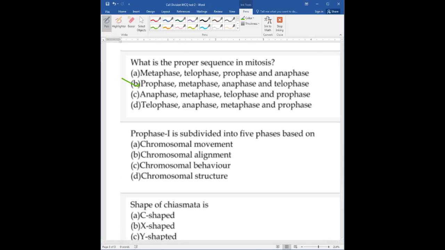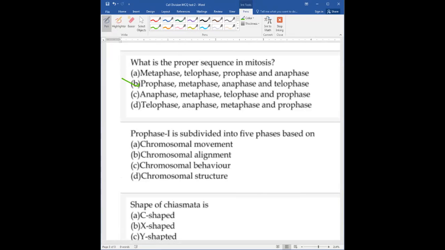Darshanita. Prophase 1 is subdivided into 5 phases based on... I want every one of you to answer this. Prophase 1 is divided into 5 phases based on... Think. Look at the answers, guys.